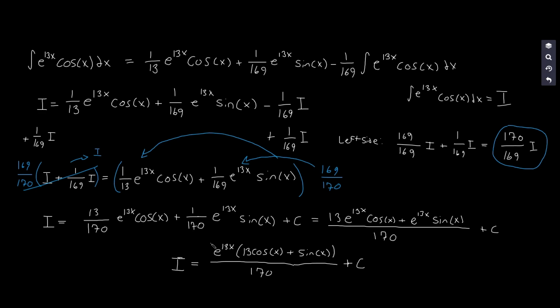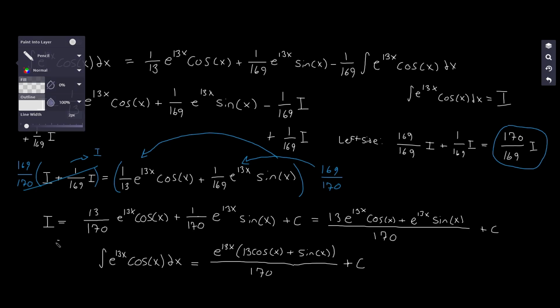But then at the very end, since this is the end, I'm going to get rid of the I. And so then this is going to be our final answer.